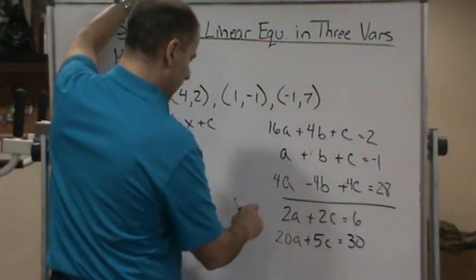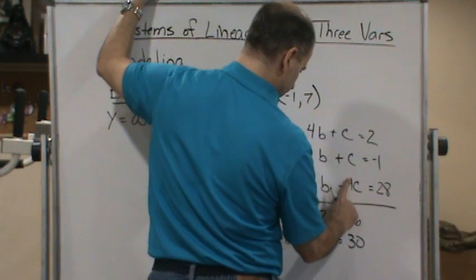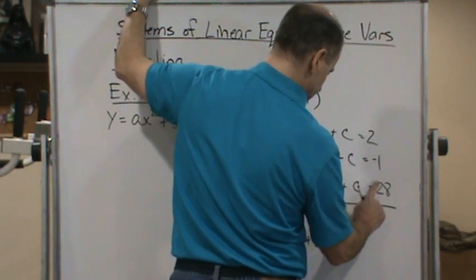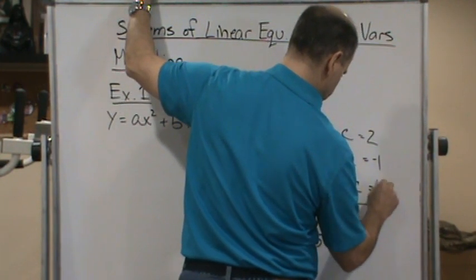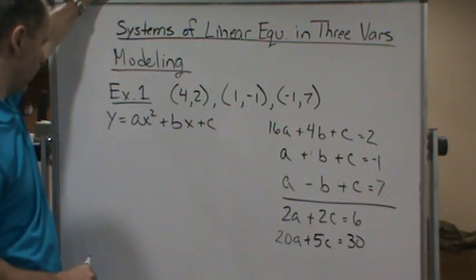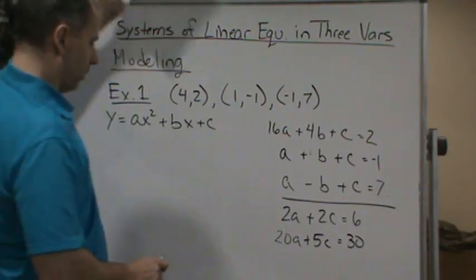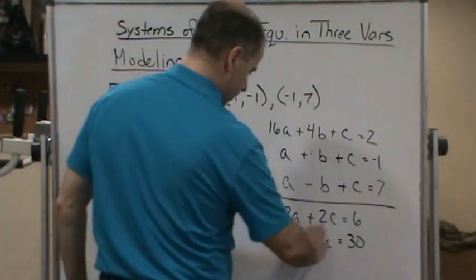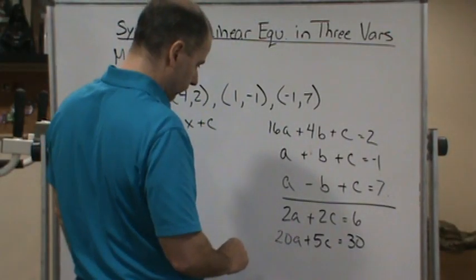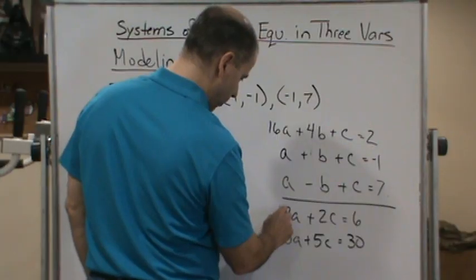All right? So now let me put this back where it was: this was a minus b plus c, and this was 7. Now I can use this to solve. So now I've got my 2 equations with 2 unknowns.